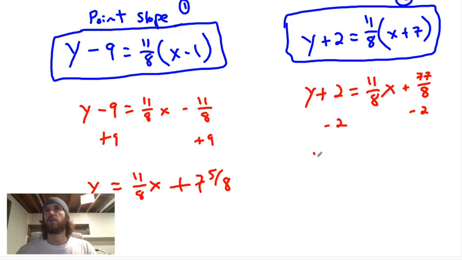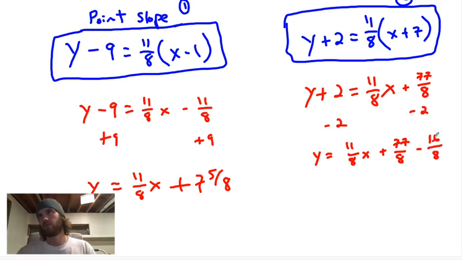So this is going to be y equals 11 over 8 x plus 77 over 8 minus 2, in terms of eighths would be minus 16 over 8. 16 over 8 is 2, so we're subtracting. 77 minus 16 is going to be 11 over 8 x plus 61 over 8.